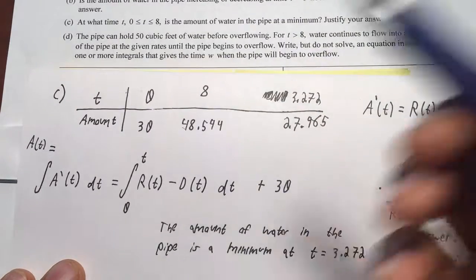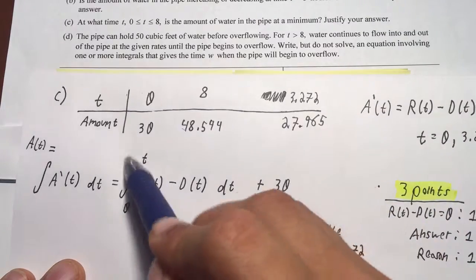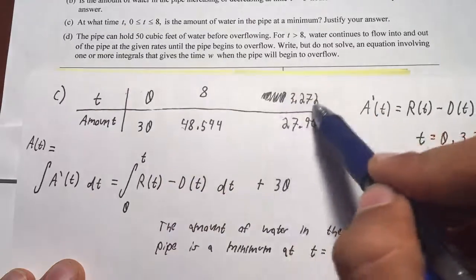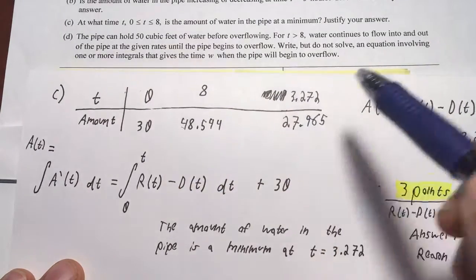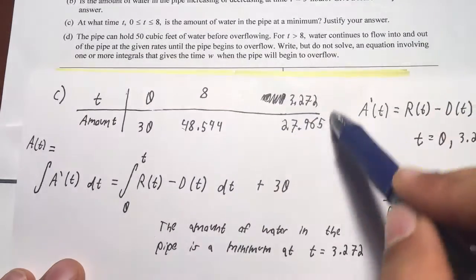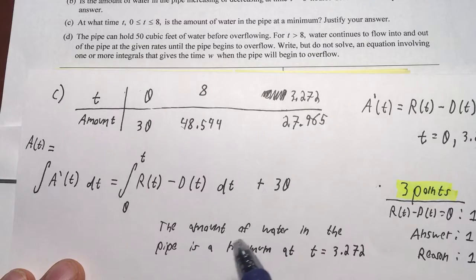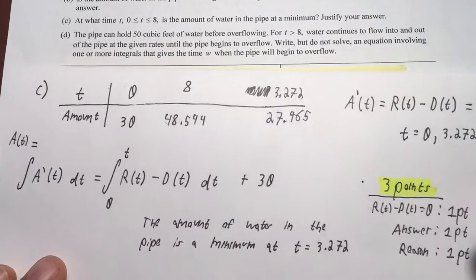Remember, plus 30, of course, but this part won't really matter. All you have to do is plug in t here, 0 and 8, and your critical point, and you get these amounts down here. Now obviously when you're using the t-chart method, you go with the one that's lowest, so our amount of water in the pipe is at a minimum at t equal to 3.272.